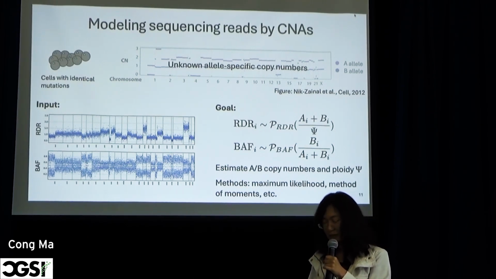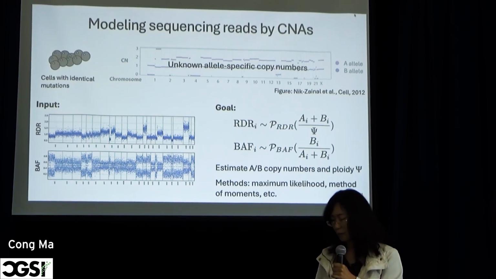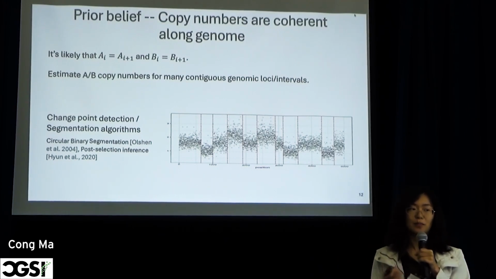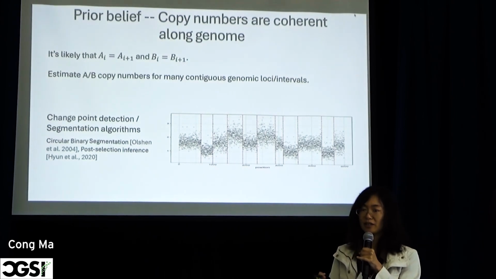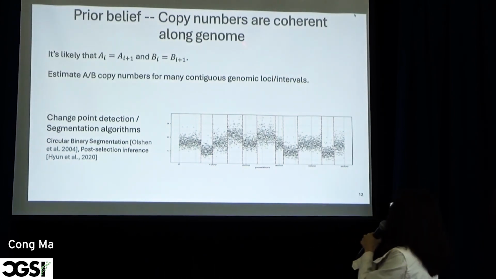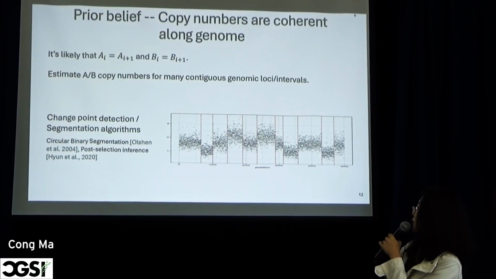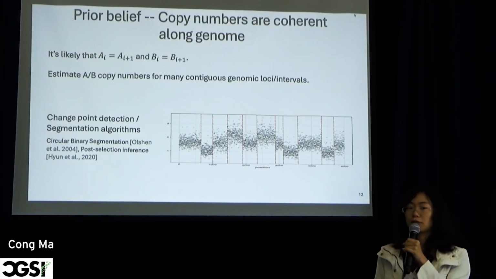Technically we can do this separately for each genomic locus, but additionally we have a prior belief that copy number aberrations, the copy number gains and losses, usually affect large regions. So we would assume copy numbers are coherent along the genome, and it's very likely that between two adjacent genome intervals or loci, the allele-specific copy numbers are equal to each other.